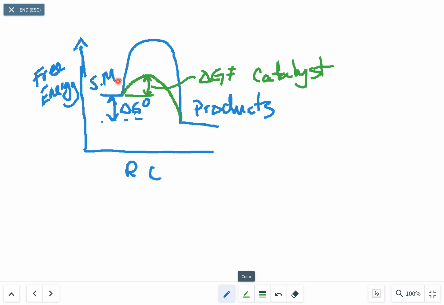Some ways, like increasing the temperature of the system, give more of the starting materials the kinetic energy to come over this hump. When you add a catalyst, you can keep the temperature lower because they will naturally have more energy to come over that activation energy.